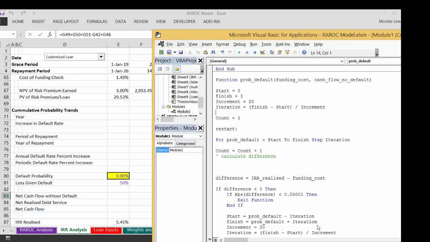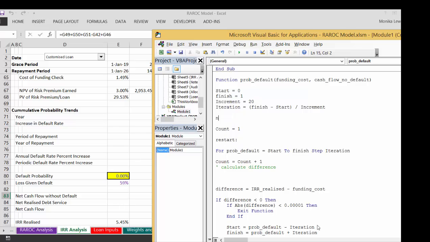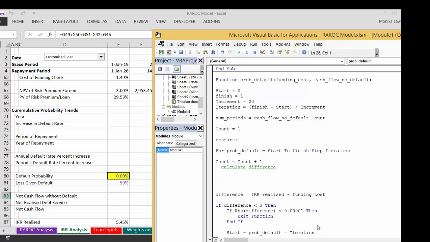So to start with, let's put period equal cash flow no default, realize. And then we're going to put for I equal 1 to num periods.